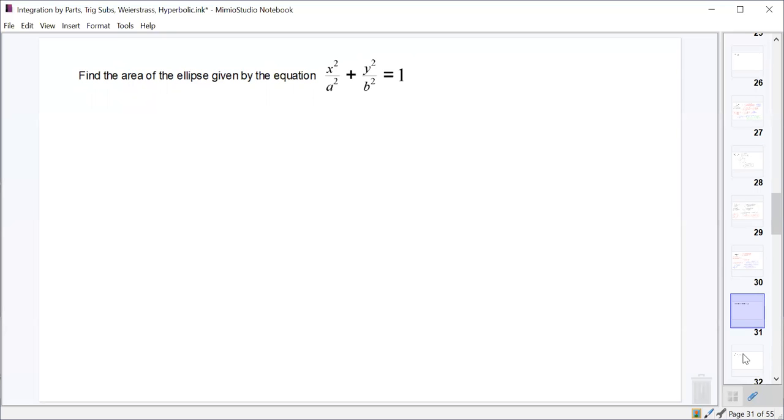So what does this ellipse look like? We should know basically what this ellipse looks like, right? Should be centered at the origin, and it should go out a units, and it should go up b units, right? How are we going to find that area?